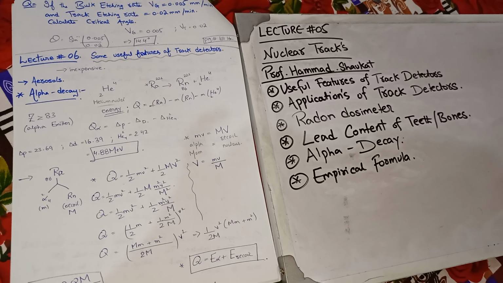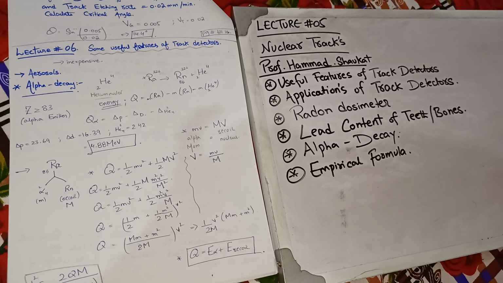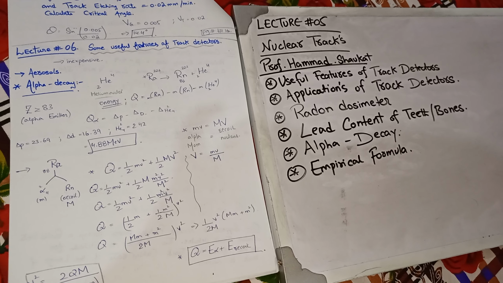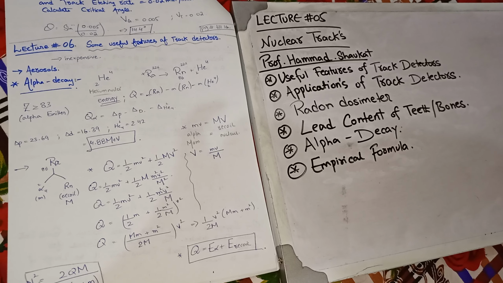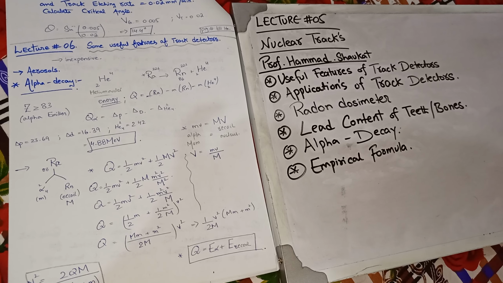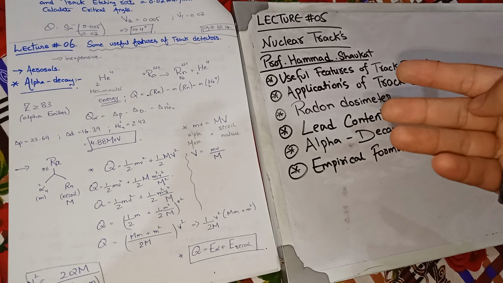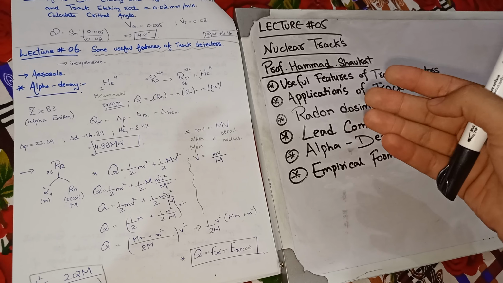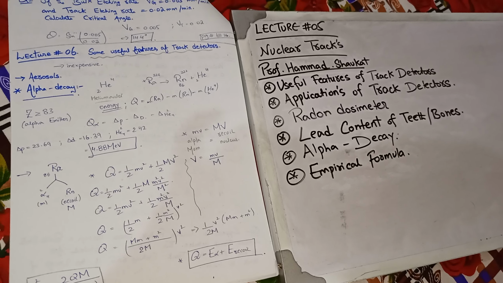Lead content in teeth and bones is very fatal for us. It goes inside, and the half lives are 8.8 days and 138 days respectively.